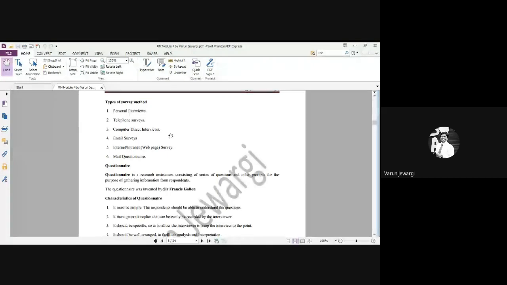So in these 6 points, any questions for me, please let me know. If you want to add some points on this example, please let me know. You can go ahead. Is that clear, students? Types of survey method? Any ambiguity in personal interviews, telephonic survey, computer direct interviews, email surveys, internet or intranet web-based survey, and mail questionnaire?